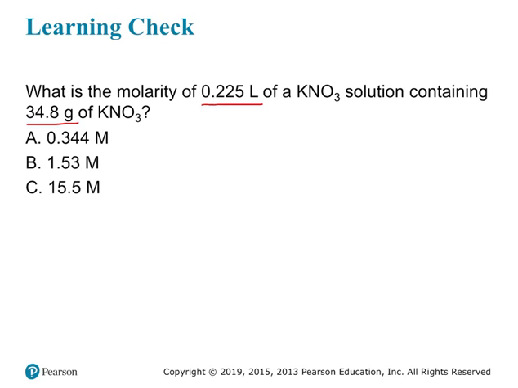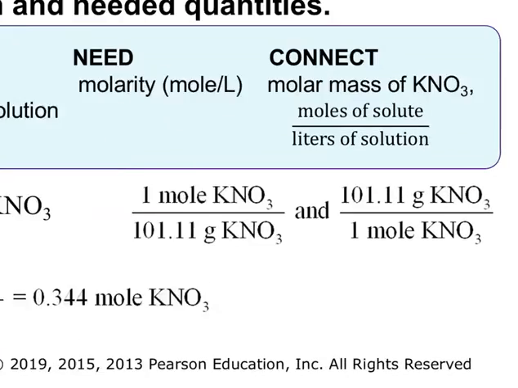So again, we just want to convert grams of potassium nitrate to moles, and then divide that by the volume of solution. So actually, I'm going to have you do this on your own time, and there are solution slides given, so you can double check your work. But just in the interest of time, I'm going to skip ahead a little bit.